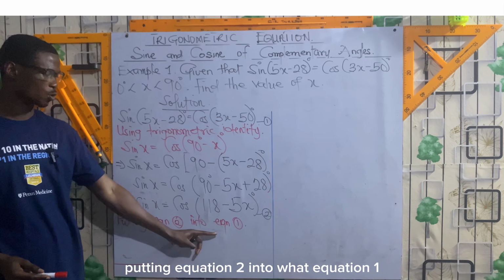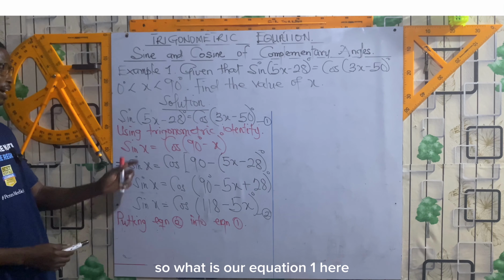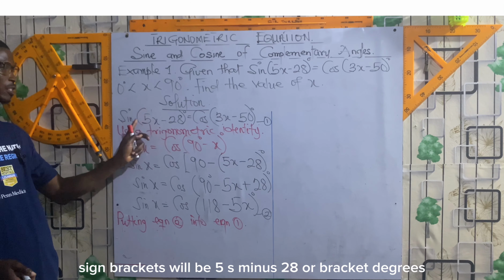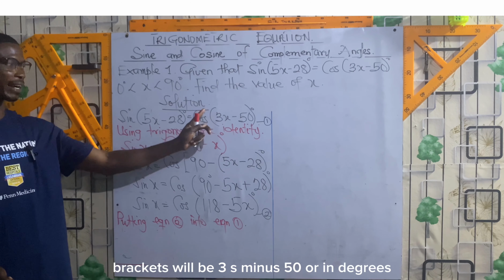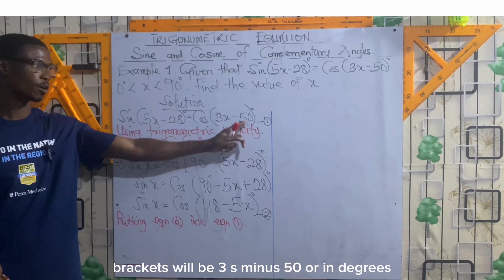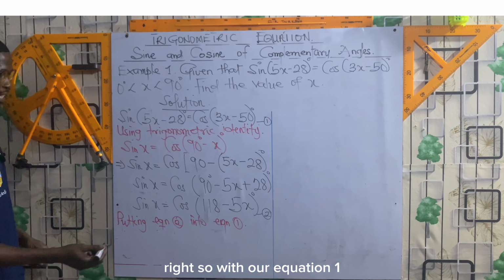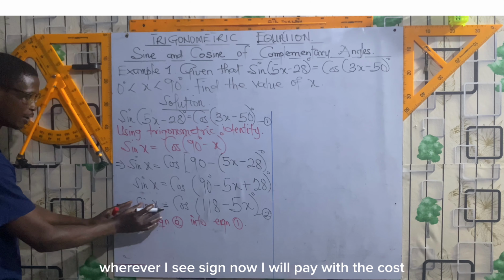putting equation 2 into equation 1. So what is our equation 1 here? Sine (5x minus 28) degrees equals cos (3x minus 50) degrees. With our equation 1, wherever I see sine now, I'll replace it with the cos.